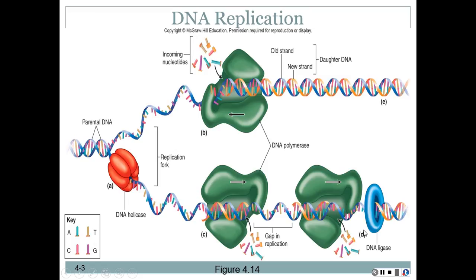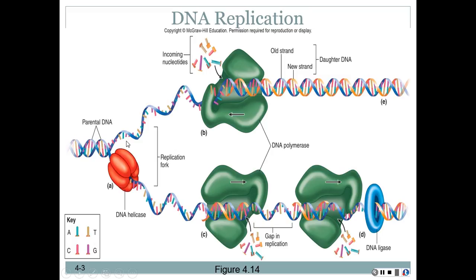Now the two new daughter DNA molecules are synthesized from the original parent molecule, and each daughter DNA consists of one old or conserved helix and one newly synthesized helix.